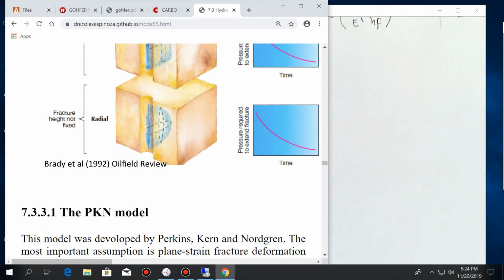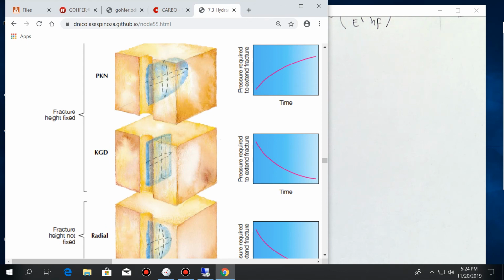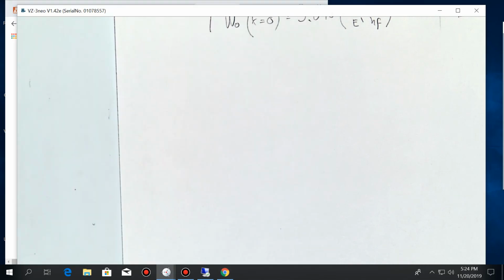The KGD model, it's a little bit difficult to see here, so I'm going to do it over here.